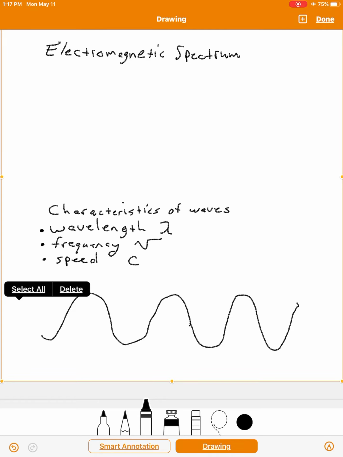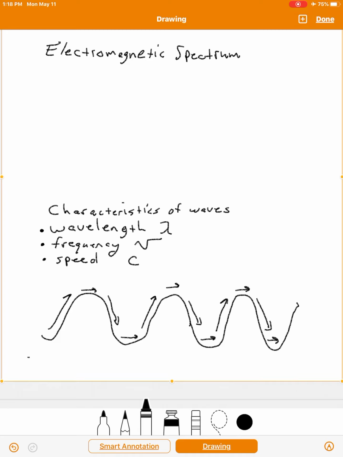Notice the height of the wave is increasing, leveling off, and then decreasing. And then it's leveling off, increasing, leveling off, decreasing, leveling off, increasing, leveling off, decreasing, leveling off, and then increasing again. So it's a repeating pattern, right?